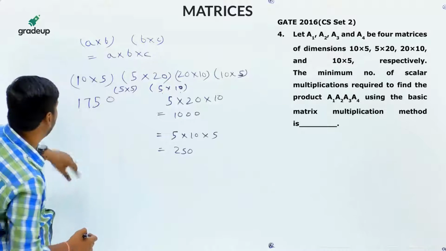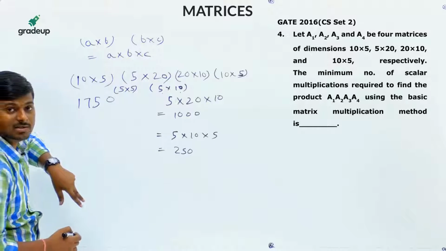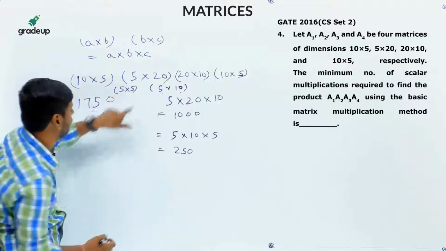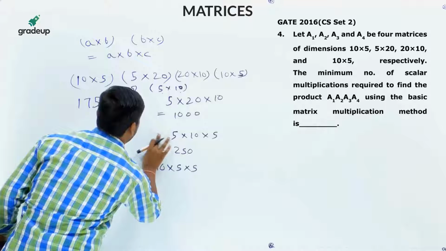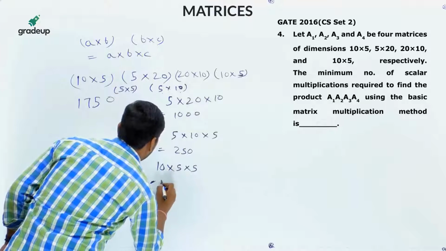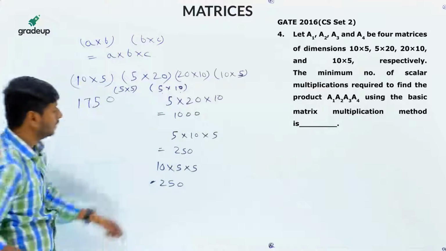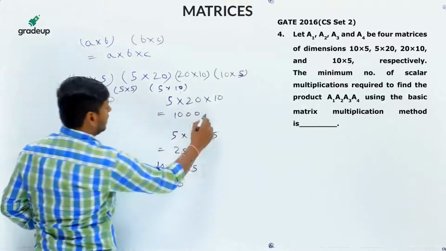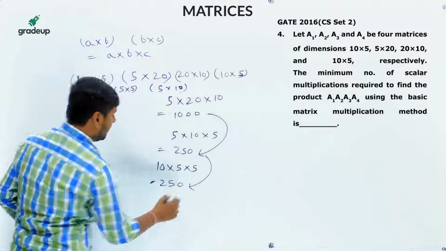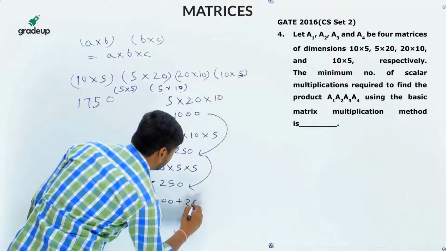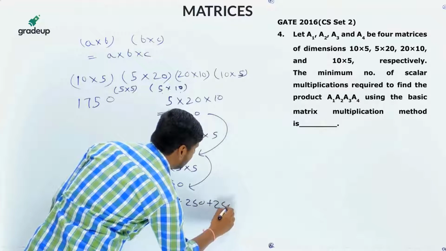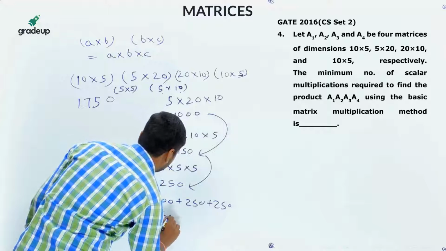The number of multiplications required is 10 into 5 into 5, which is equal to 250 again. So the total number of multiplications required now is 1000 plus 250 plus 250, that is equal to 1500. So we get fewer multiplications here.